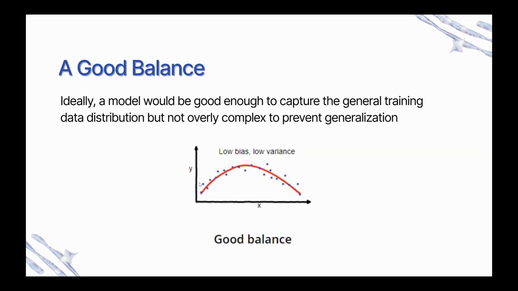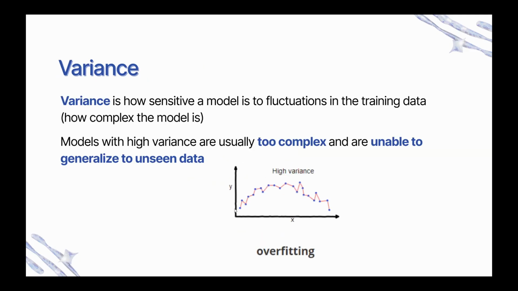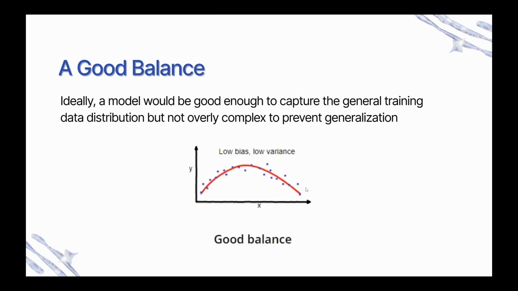It's not like the one before, where you zigzag and fit everything. Here you'll have a low training error, low bias, but you can also generalize to points. If you have a point here, it fits on this parabola as well. So ideally, this is what you would want in a model.